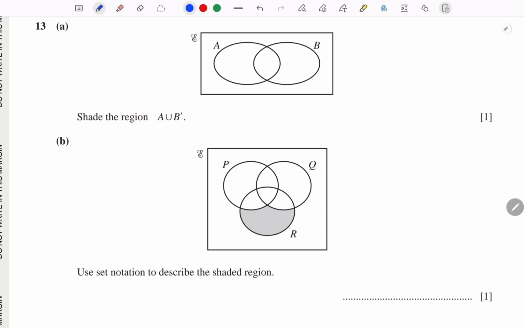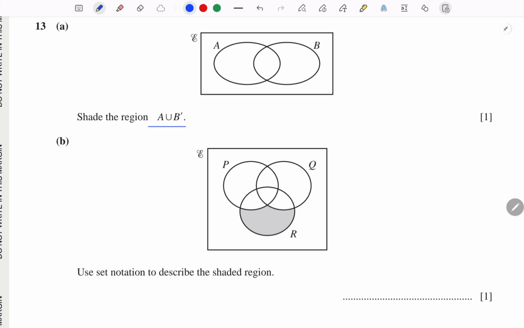Okay, let's move to the 13th question, the first part. This is a Venn diagram that we have been given here. This is a question from Venn diagram and set theory. So we have to shade the region A union B not. What does it mean?